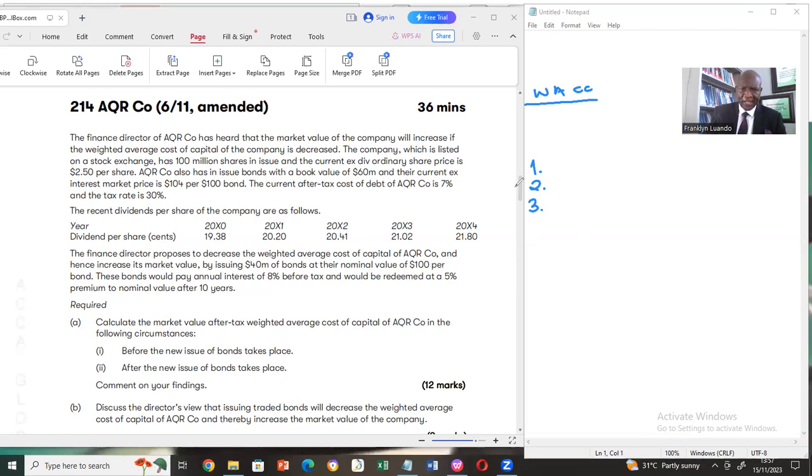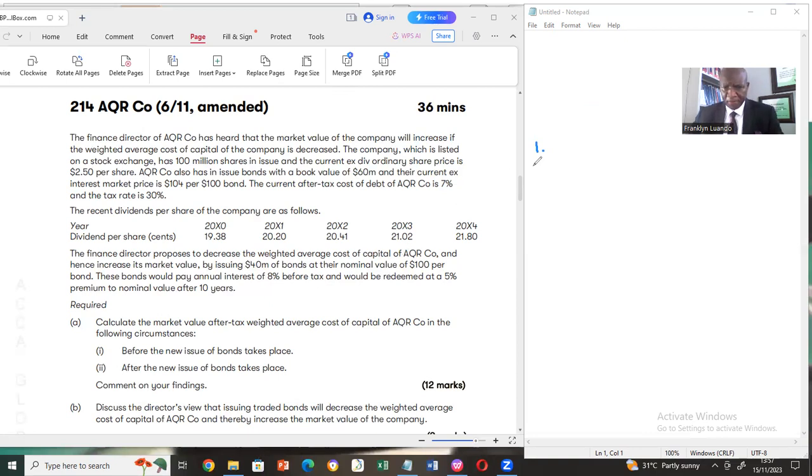Then now we go to the steps that you need to take when calculating WACC. Number one step is to calculate the cost of the capital for each type of capital.